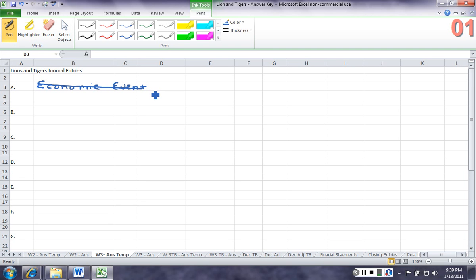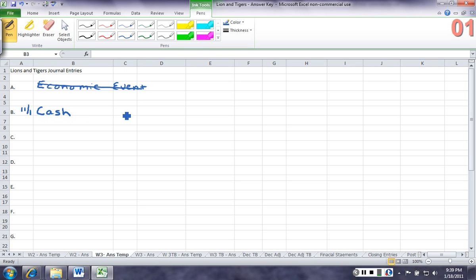And then on B, on November 1st, Lions and Tigers deposits $20,000 in cash to its bank account. So we're going to start with a date, and that was on 11/1. So that's our date column. Then we're going to have a debit for cash.